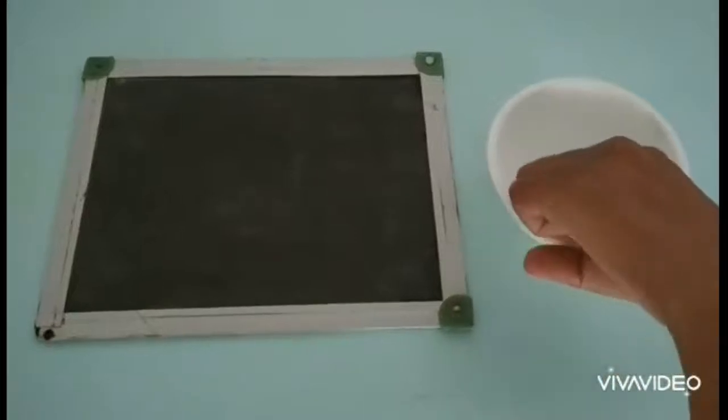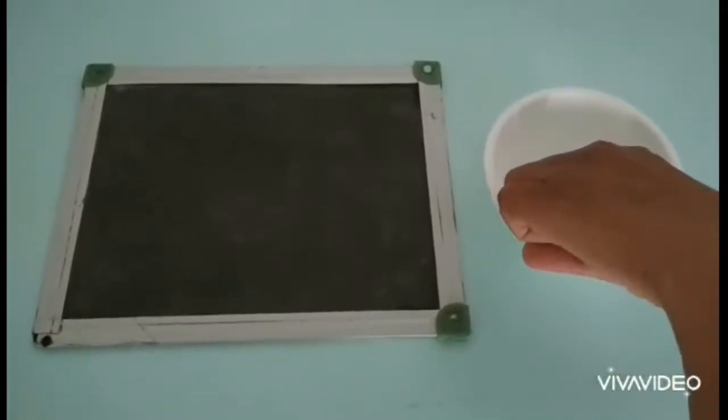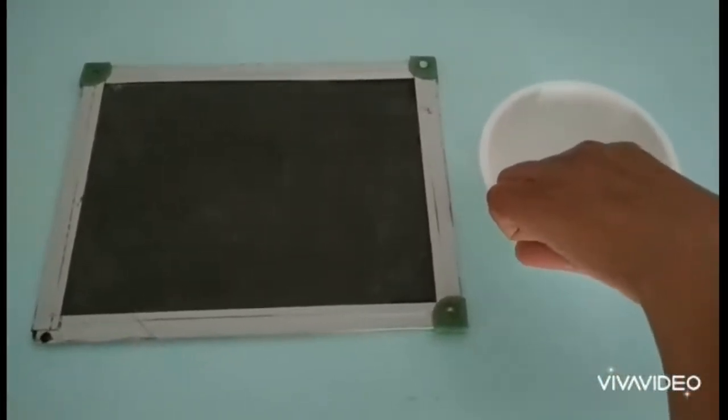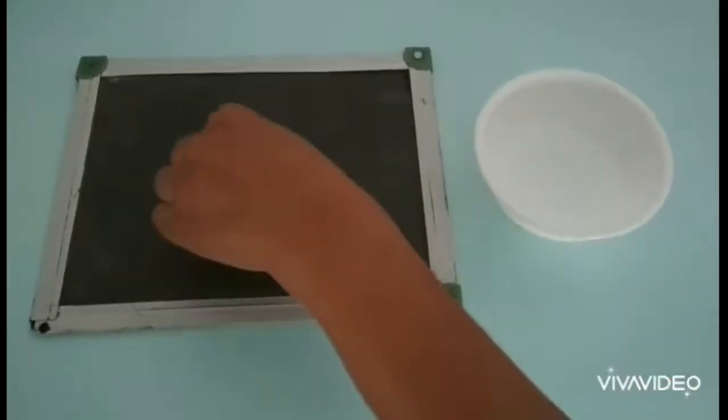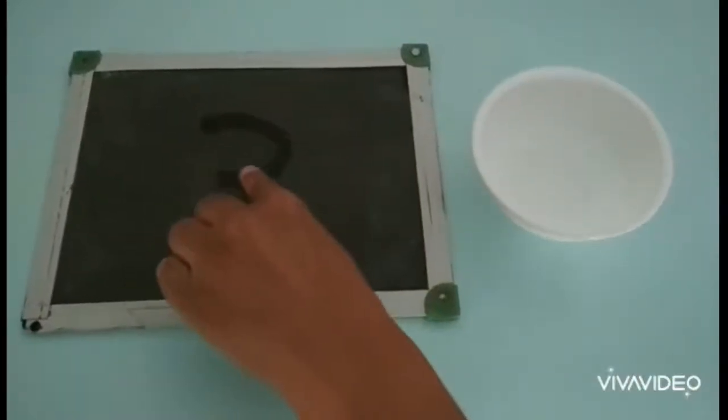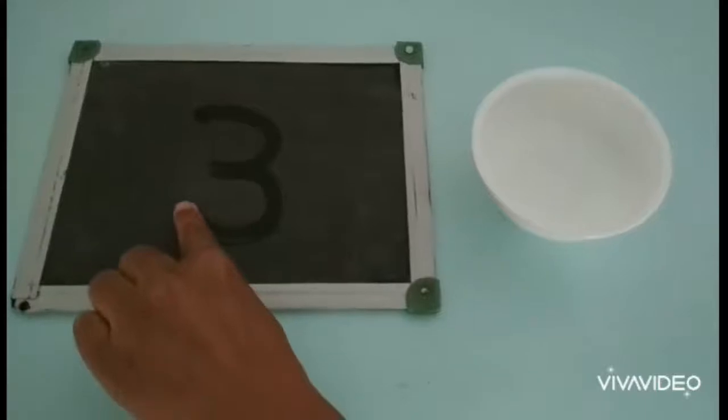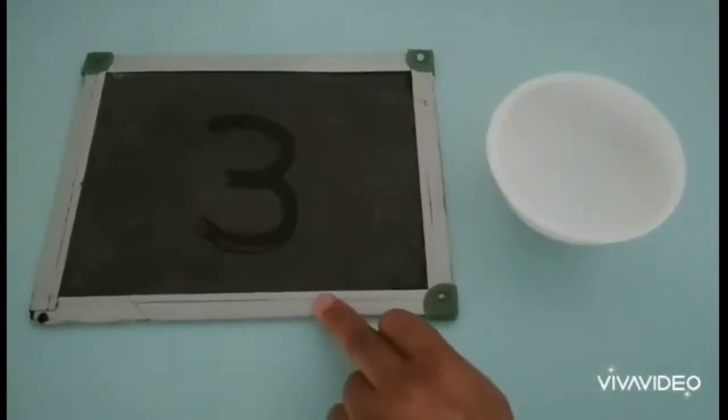Now I will show you how to write number 3. First we will do water writing. Dip your finger in the water, then start writing number 3. Reverse C curve. Again make a reverse C curve.